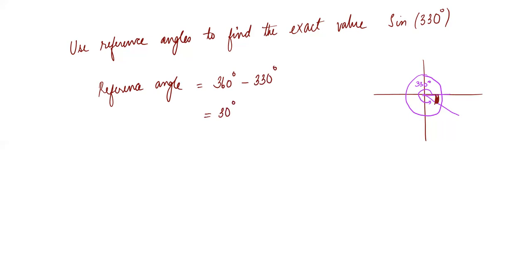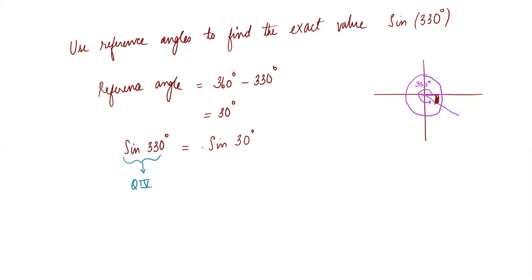So now sine 330 degrees is rewritten with its reference angle of 30 degrees. However, remember that this is in the fourth quadrant, so you have to make sure that you are looking at your sine 30 degrees in the fourth quadrant.